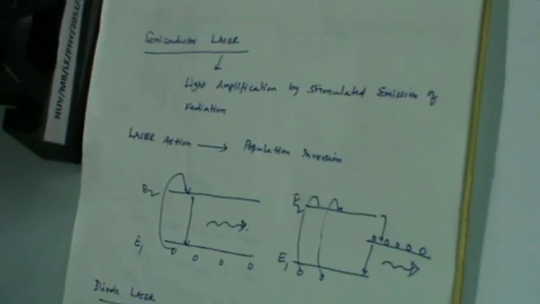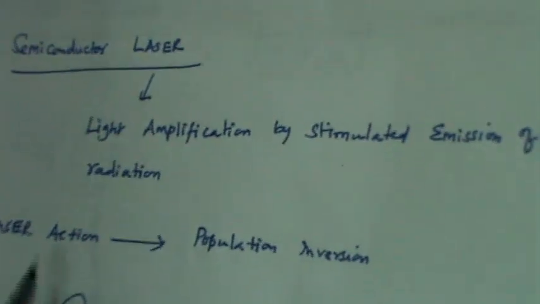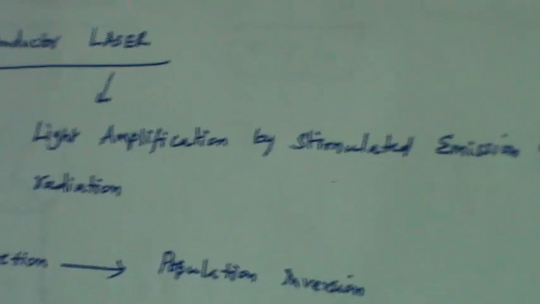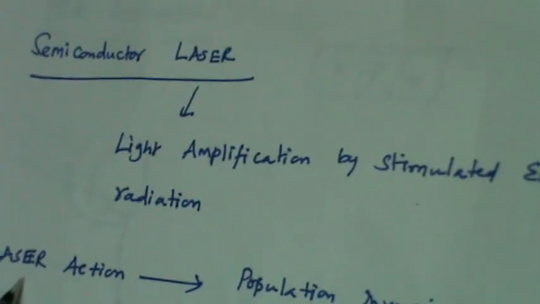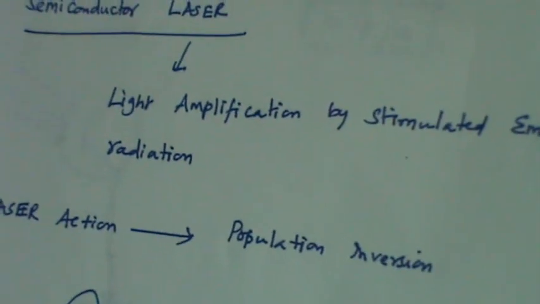And here you see, as I told you, we have a laser source and a photo detector. This is a diode laser. The lasing action is mainly dependent on population inversion. Light amplification by stimulated emission of radiation is a laser.